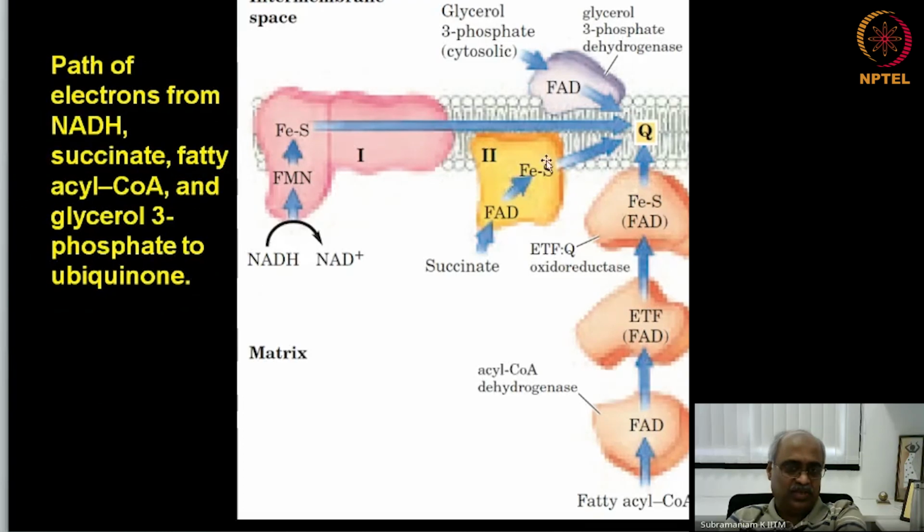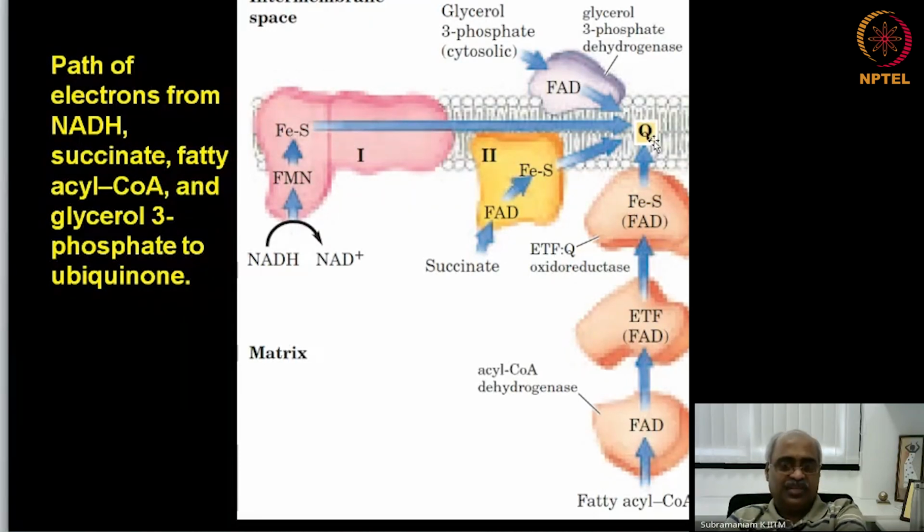Ubiquinone, as we have seen, can accept 1 or 2 electrons at a time. It can also donate 1 or 2 electrons at a time. That becomes crucial for the next steps. Complex 3 is going to transfer electrons to cytochrome C, and that accepts only 1 electron.